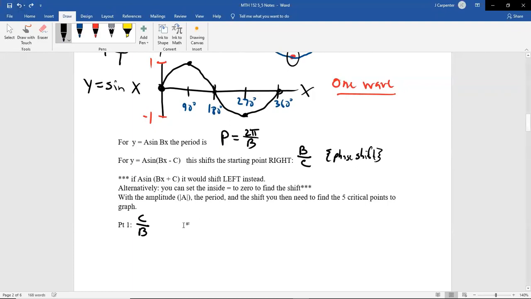Then what you're going to do is divide the period by 4.